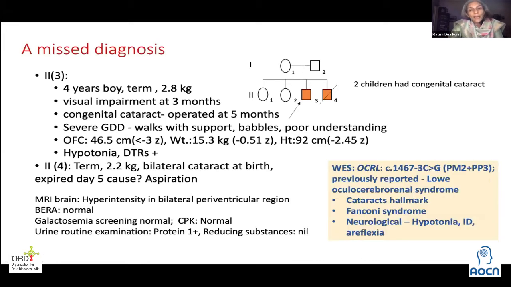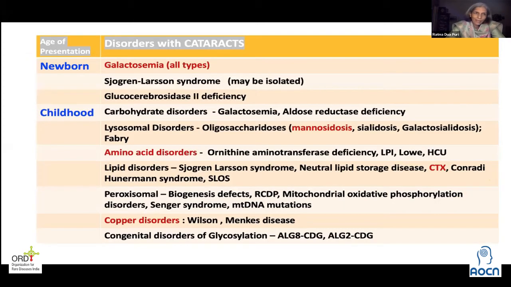But what he really had was Lowe syndrome, and something that you could have treated if we had identified it and at least done a urine examination at the time his cataract was operated. So cataracts are a hallmark, it's present at birth, and in addition, they have the other phenotype as we see in this family.